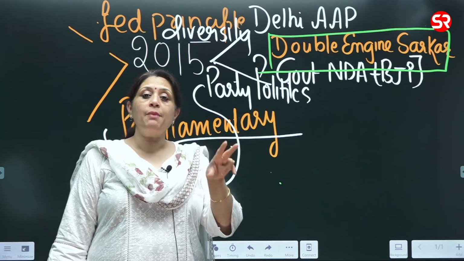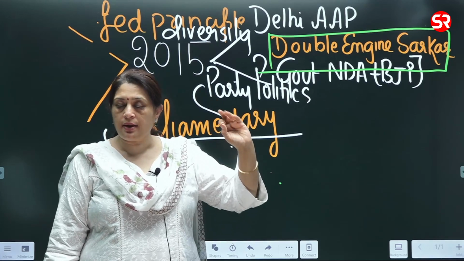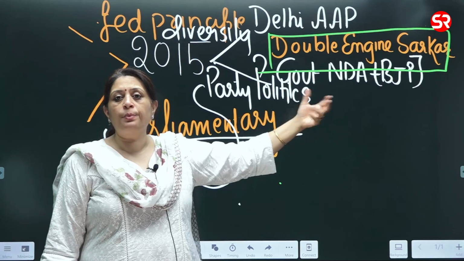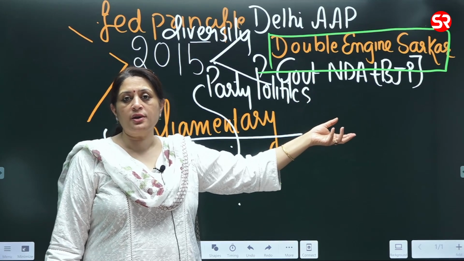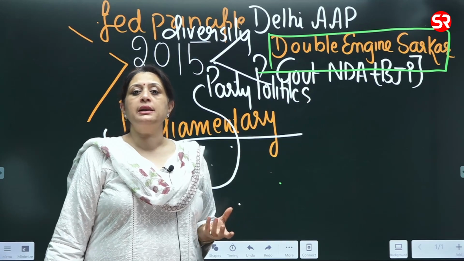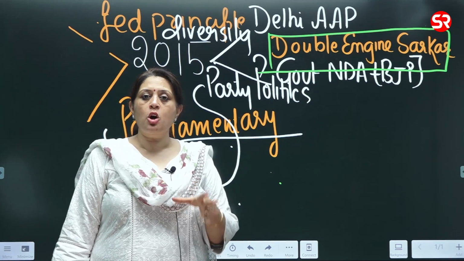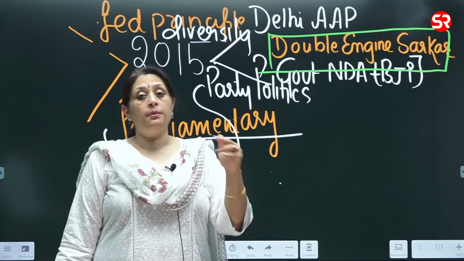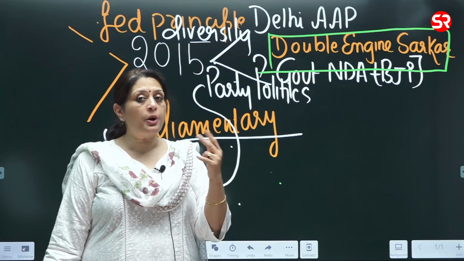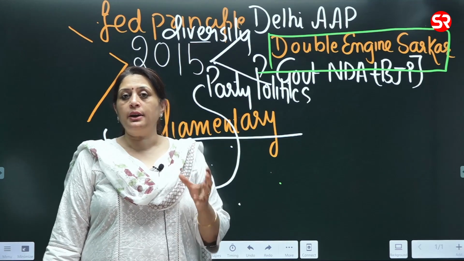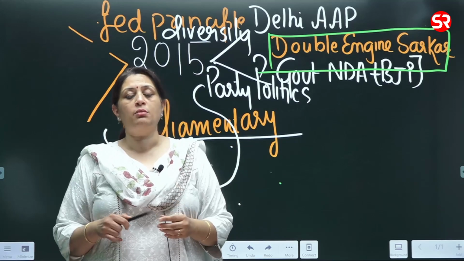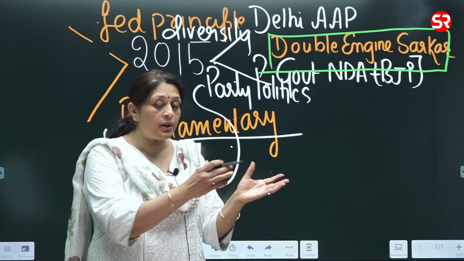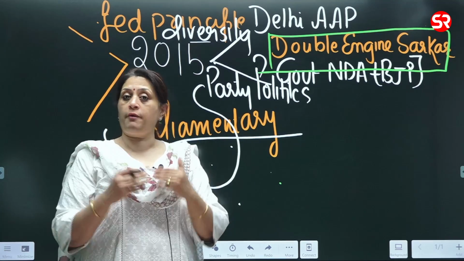If the same party is at the center and at the state, for which the new buzzword is double engine sarkar, then our federal system operates in the cooperative mode. But when the two parties are different, then our federal system transforms from competitive to bargaining federalism.